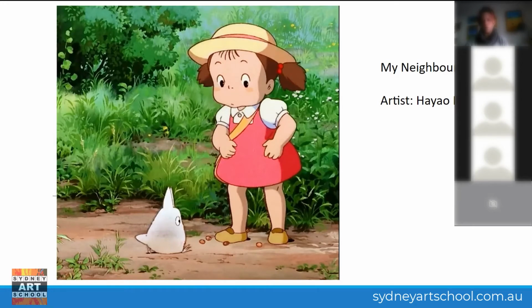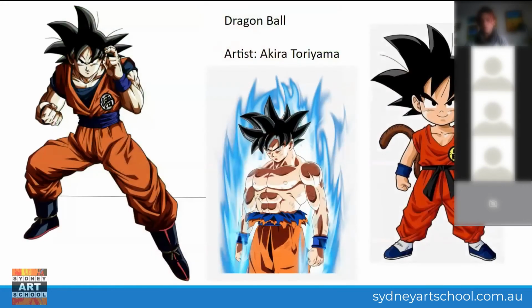If we compare that to something completely different, which is Goku from Dragon Ball by artist Akira Toriyama, you can see we're looking at two entirely different styles of anime. And not just styles of anime, but styles of storytelling as well. And that's why the characters are so different.